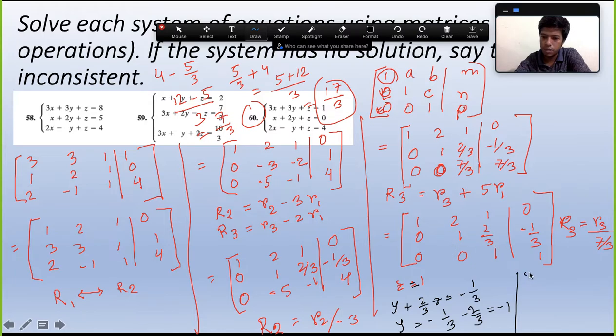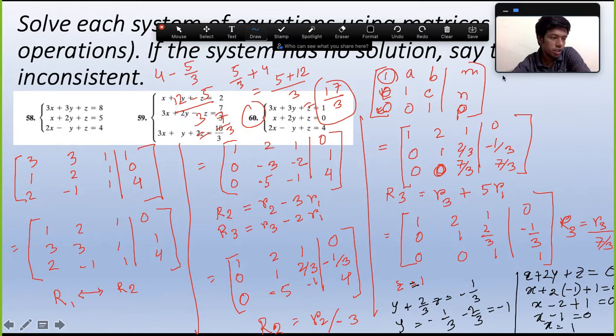Then x plus 2y plus z equals 0. So x plus 2 into y, which is minus 1, and z is 1, equals 0. So you get x minus 2 plus 1 equals 0. So x minus 1 equals 0. So x equals 1.